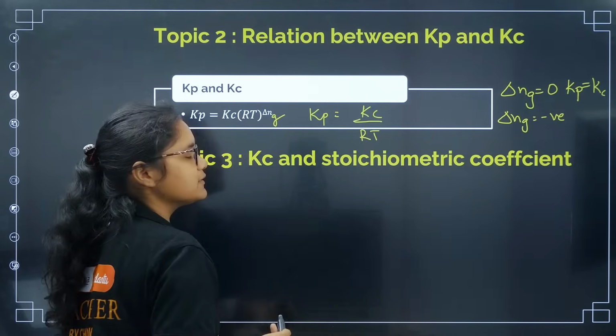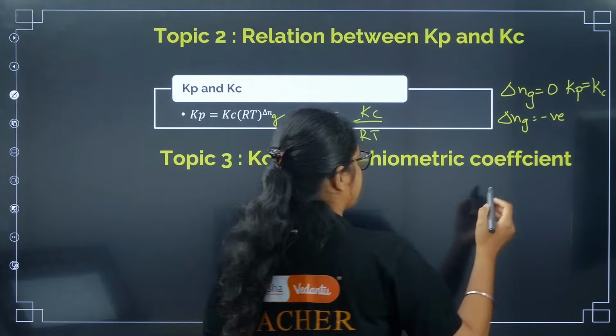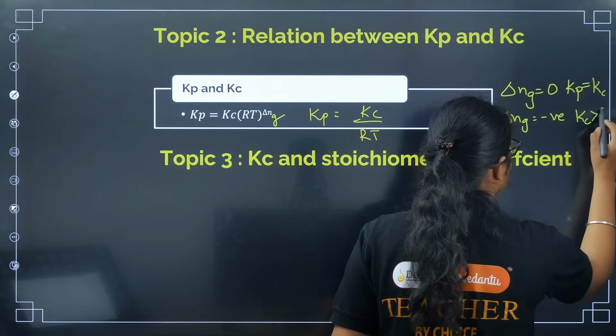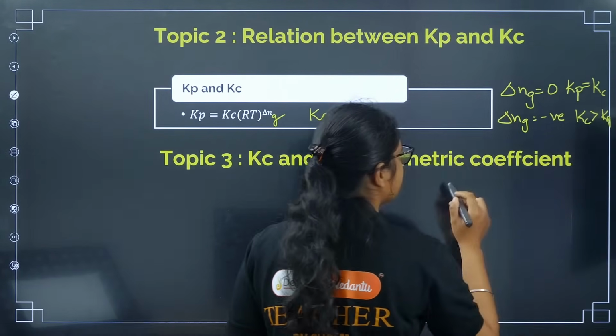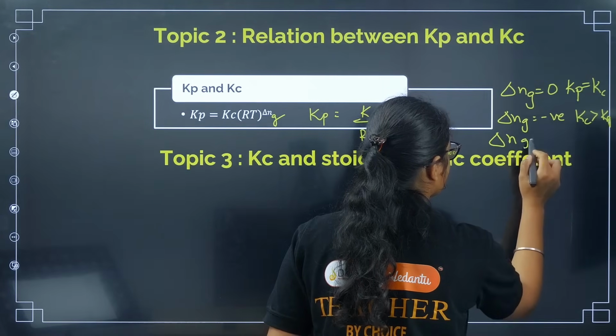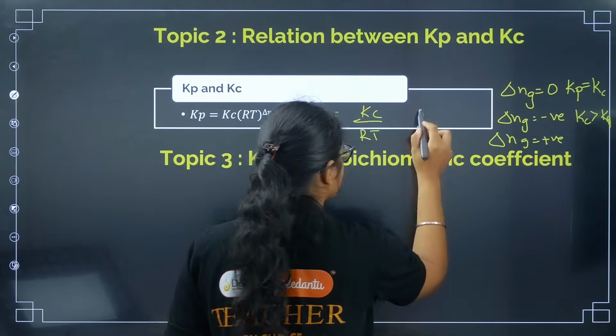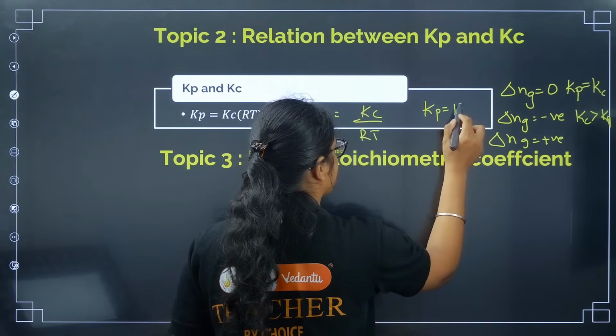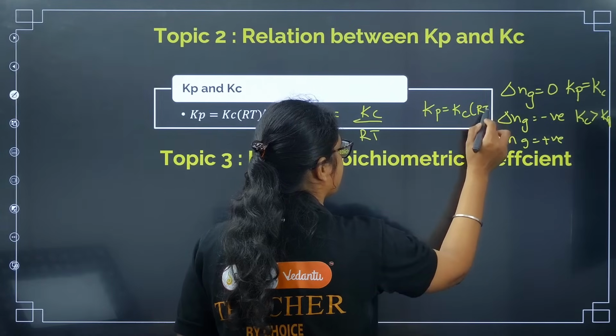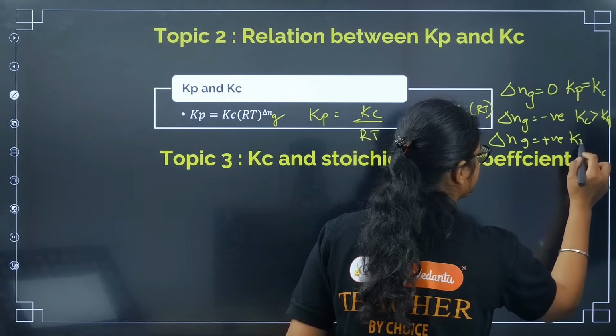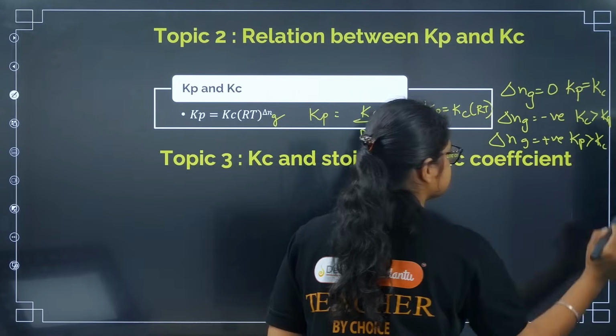So in that case, Kc will be greater than Kp. Now, if delta Ng is positive, then we get Kp equal to Kc into RT. In that case, Kp will be greater than Kc. So such three conditions arise.